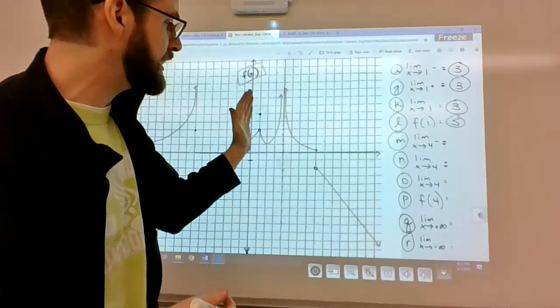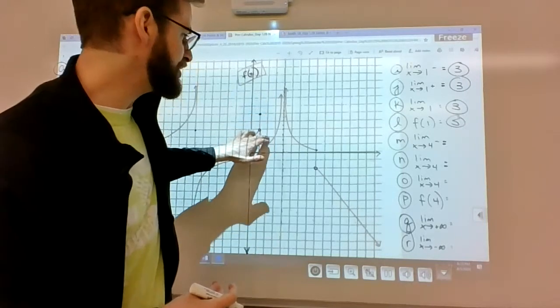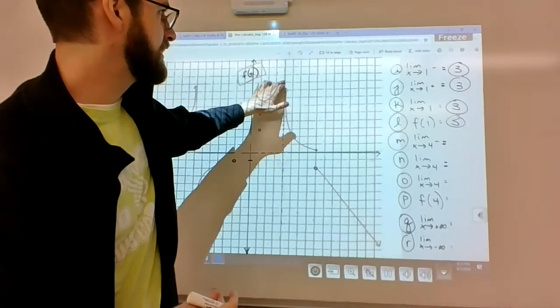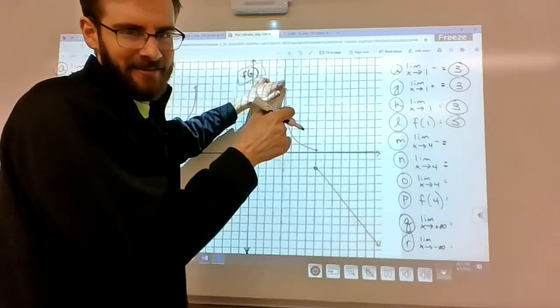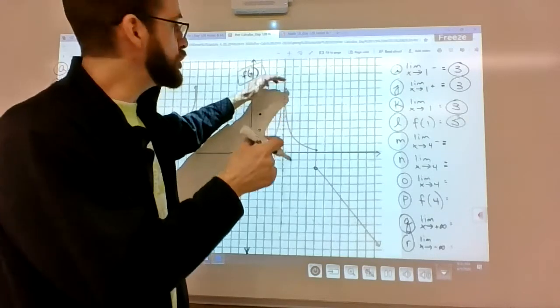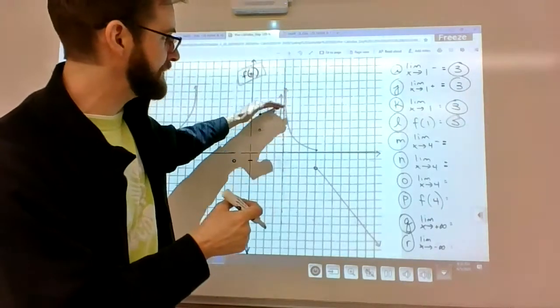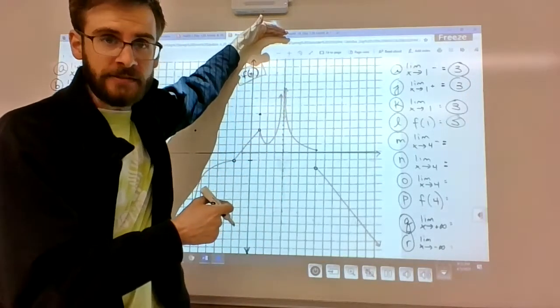We're getting closer and closer to the 4 value for x, but we're never actually going to get there. So when we're getting closer to 3.999, that's really close to 4 from the left. You're going to have a huge number because this function from the left just keeps getting taller and taller, higher up on the y-axis.